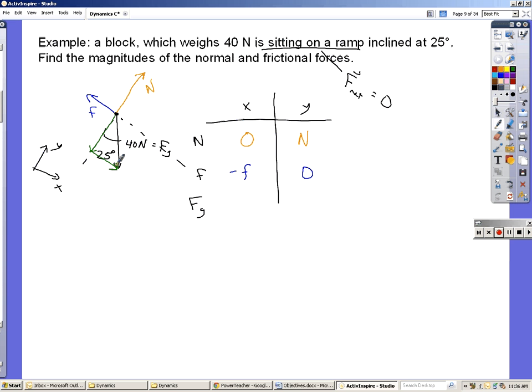We want to find the components of the vector, so we're going to draw a right triangle. The hypotenuse is the force, and then it's got its y and its x components. Notice that the x component is opposite the 25-degree angle, and so we'll say it's 40 newtons sine 25.